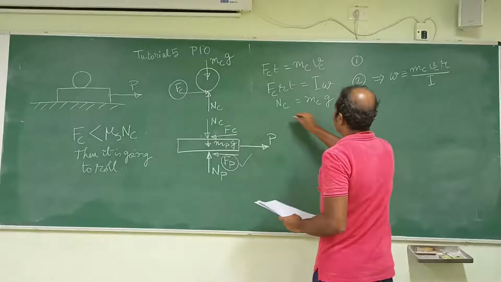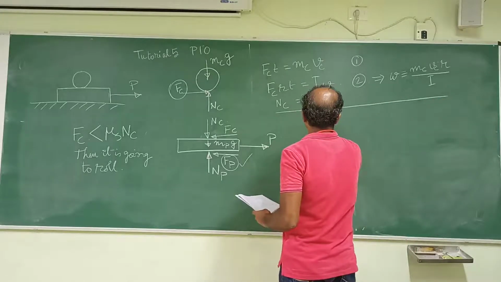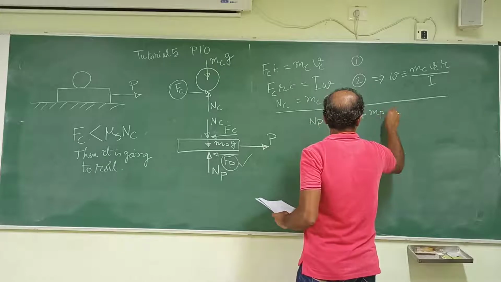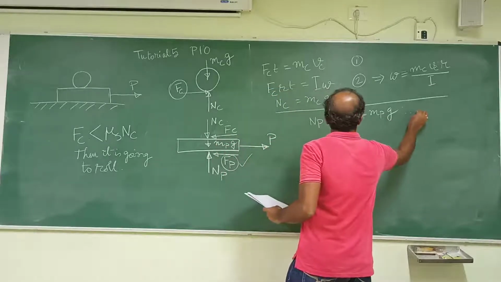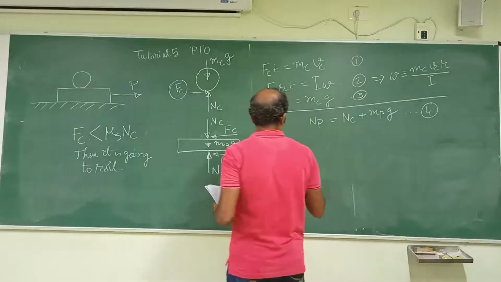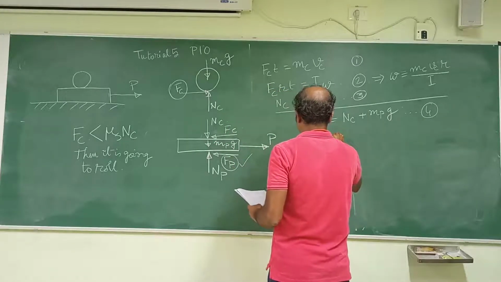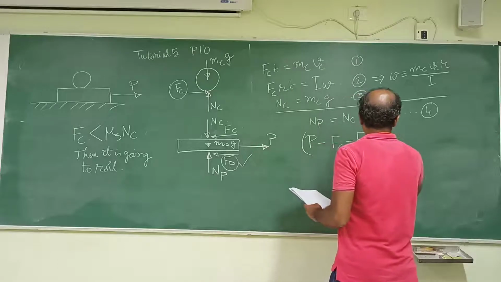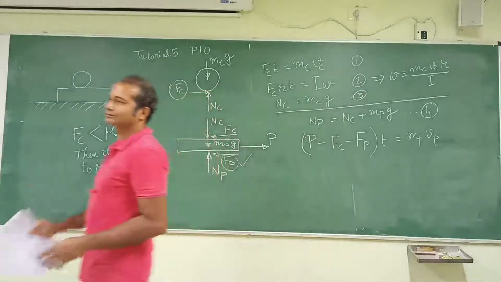So for the force balance, what I am going to write is Np is equal to Nc plus Mp times G. So this is the third equation, this is the fourth equation, and the fifth equation is for the plate or the paper: P minus Fc minus Fp times t is equal to MPVP. Agree?